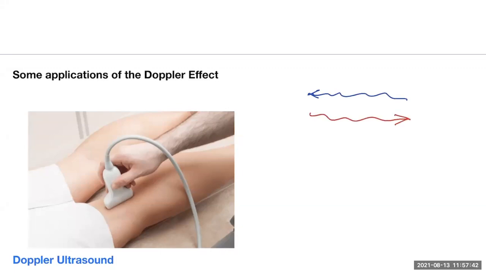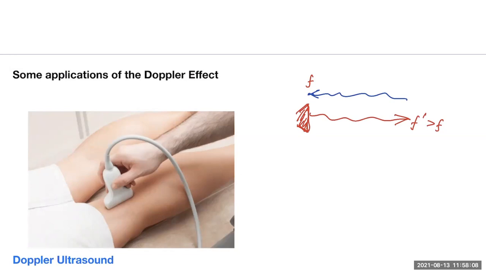If the reflected signal has the exact same frequency as the emitted signal, then guess what? Whatever target it reflects off is not moving relative to the source, which is the ultrasound device. But if the reflected frequency f prime is higher than the original frequency f, what does that tell you? It means the reflector is moving towards the ultrasound device.